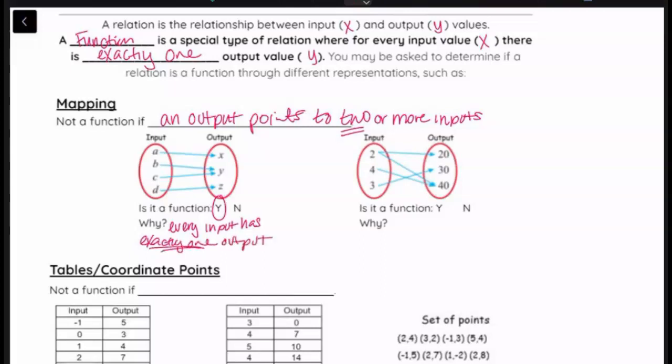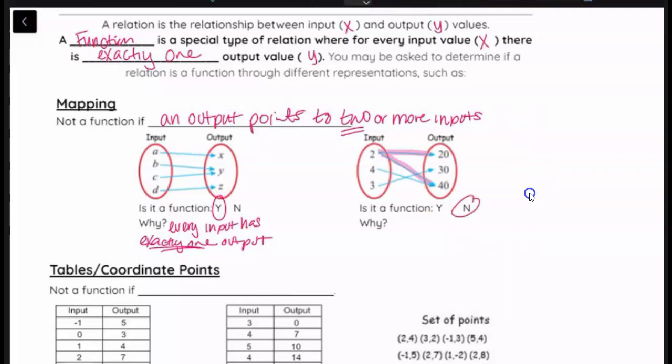Now if we look at the second example, I look at my first input 2, and I see that it is pointing to 20, but it is also pointing to 40. So this one has an input value that has two output values. So right away, since it broke the definition of a function, it is automatically not considered a function. Why?